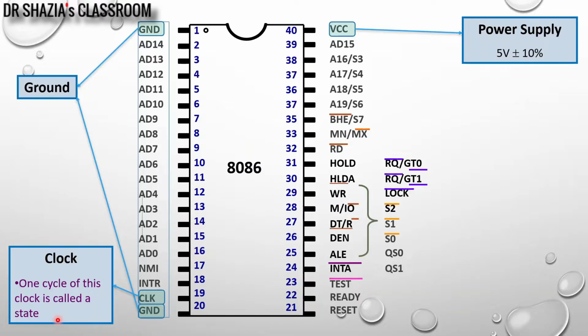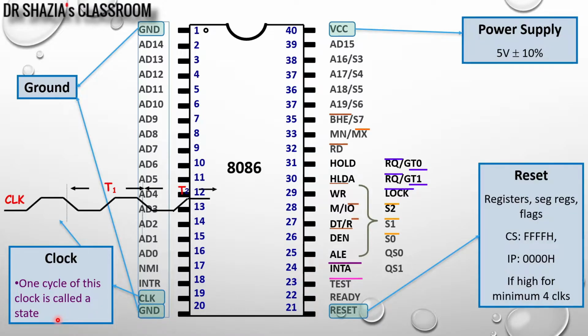The details of this we will discuss while discussing the timing diagram for the read or write operation. But at present, let me explain what a T state is. You can see that here I have shown a clock pulse, and the duration between two consecutive falling edges, here T1 or T2, is called the T state.